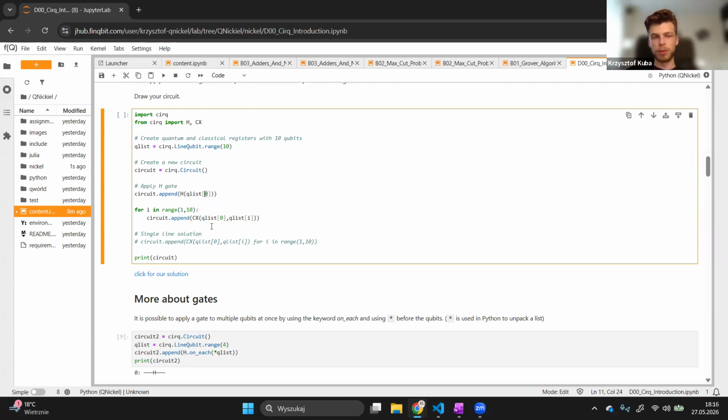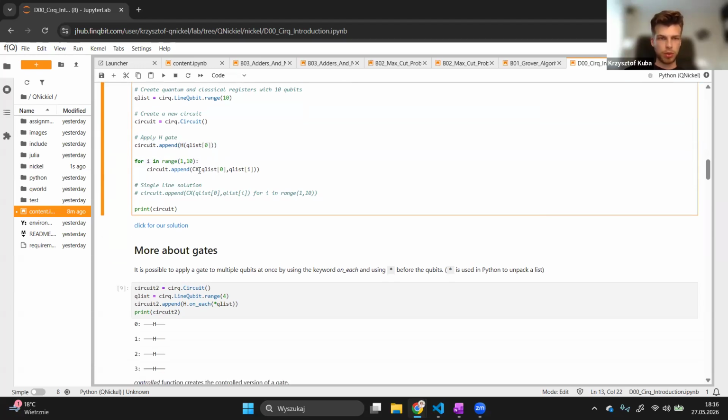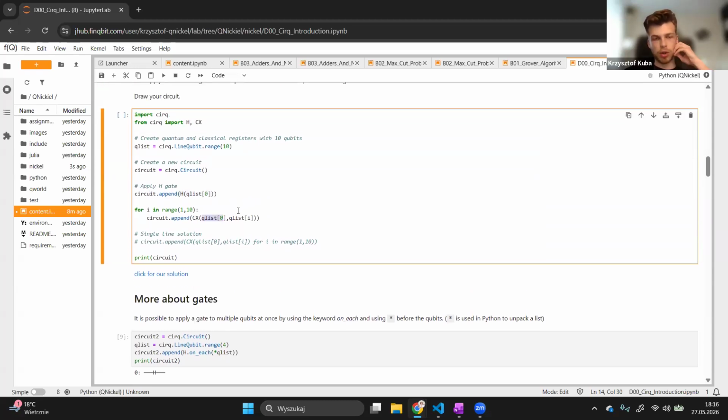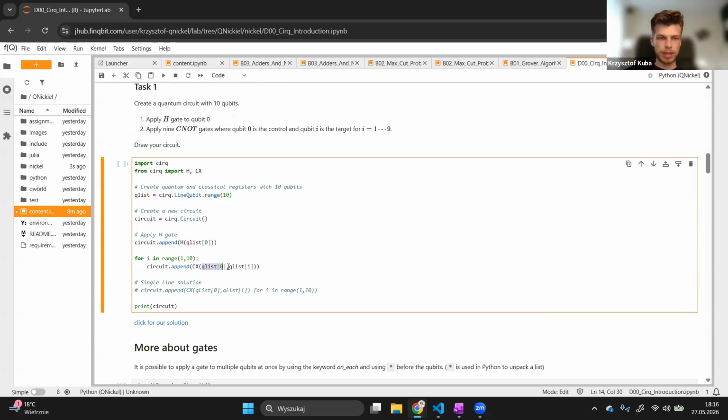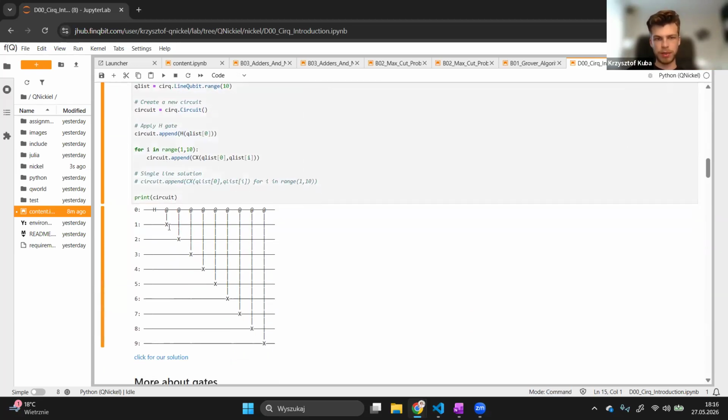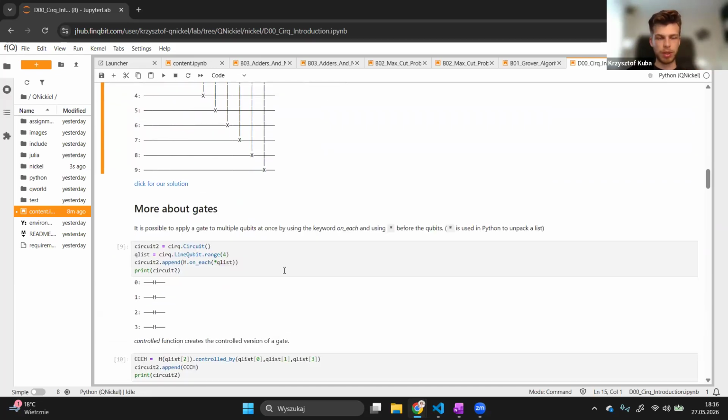And as you know, in Python, the first qubit is indexed as 0. Then for i in range 1 to 10, we append a CNOT gate with the first qubit being the controlling qubit and the second being the target. And let's see how this works. Yeah, so this is exactly the circuit we were going to implement.